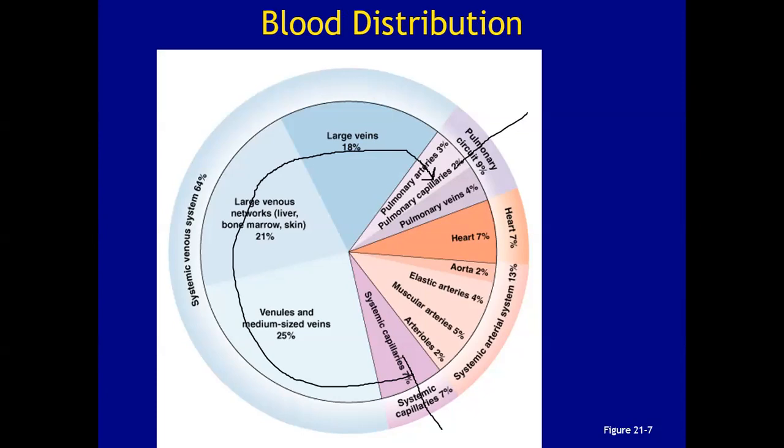That venous system, just from here to here, is 64%. And if you add this portion in where the capillaries and the arteries are that are carrying it, we're probably at two-thirds of it being deoxygenated blood. Well, how does that work? Remember, it's under much lower pressure, and those veins have a greater volume to them. They have a bigger diameter, so we're going to find more blood in the venous system than we do in the arterial system.